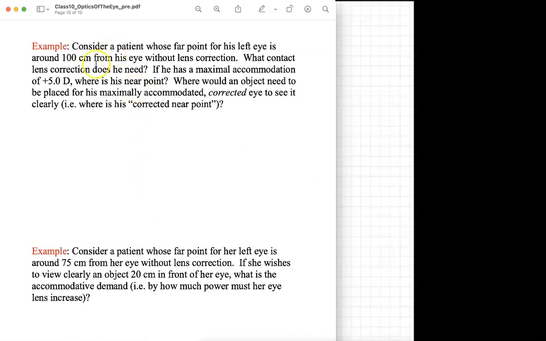So this first example says, consider a patient whose far point for the eye is 100 centimeters, no lens correction. What contact lens correction does he need? And then what if he has a maximal accommodation of +5 diopters, where's the near point? Okay, so I'm going to draw a little picture. I always like to draw a picture to tell myself what we've got here.